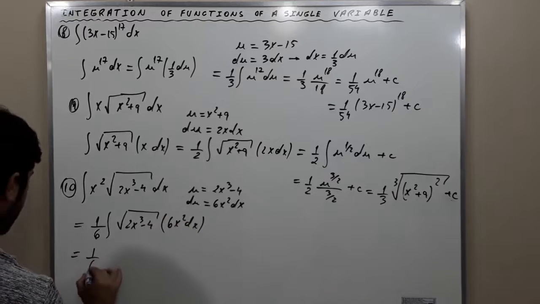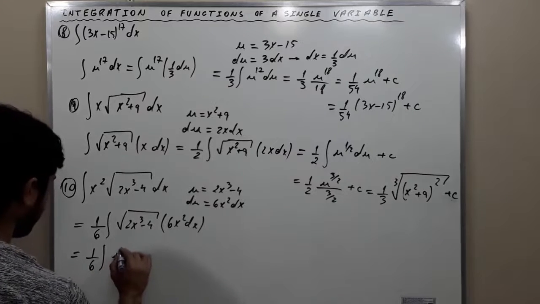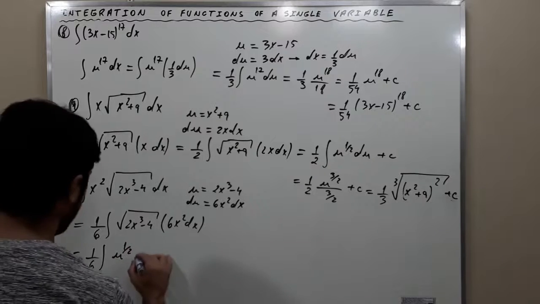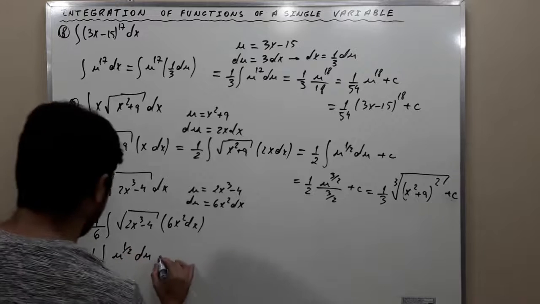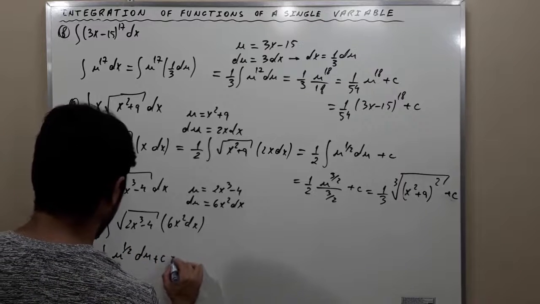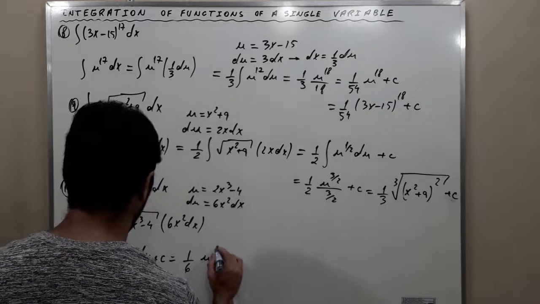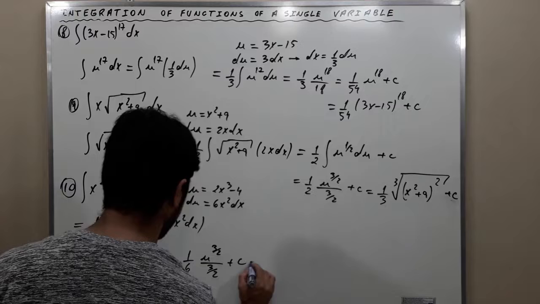Then we can calculate this. It's going to be the integral of u raised to the power of a half du, because we already got the du here. And to calculate this integral, we add 1 to the exponent. It's a sixth of u raised to the power of 3 halves divided by 3 halves plus c.